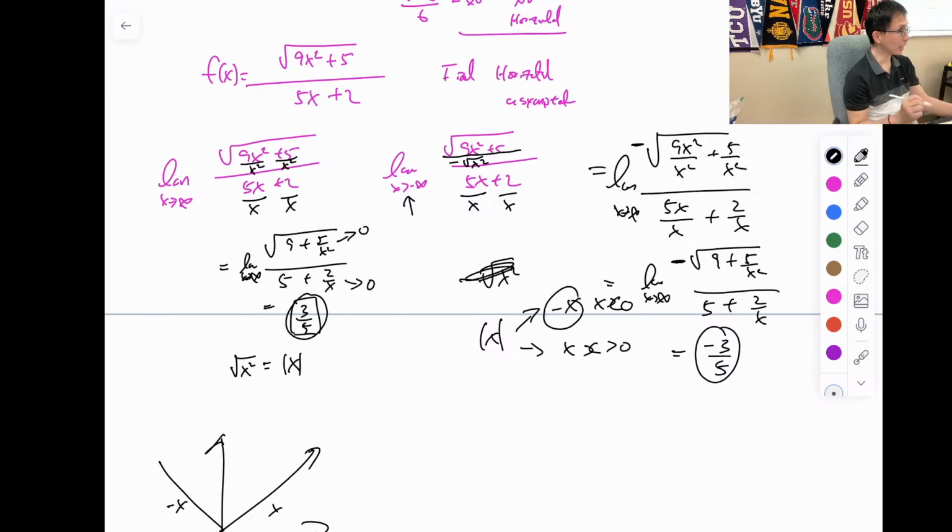So we're looking at the negative x part. So this is a negative sign here, and it causes this to be negative, because I'm approaching negative infinity, not positive infinity. So I'm using the negative side version of x, which is negative x.